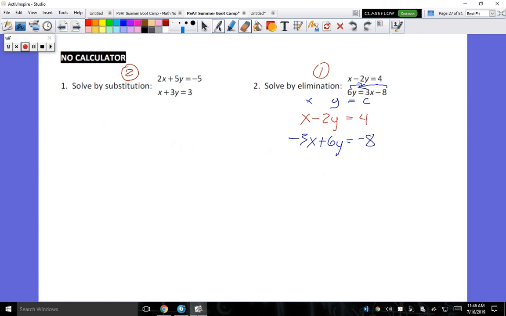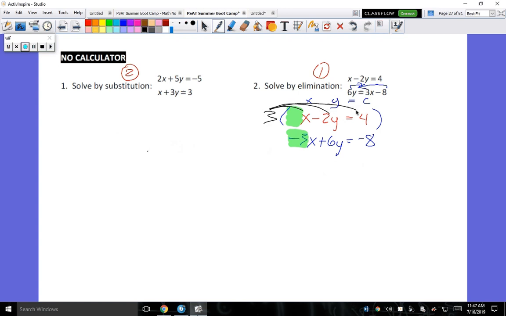So let's go ahead and eliminate this. From these two equations, x or y, which one do you want to eliminate? X. Let's gravitate to eliminate x. That means I'm going to multiply this top by what? 3. A positive 3.